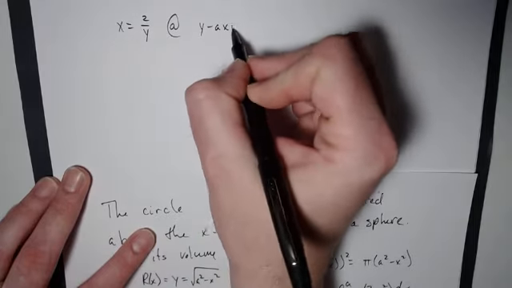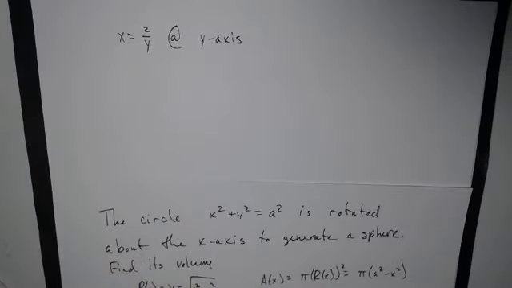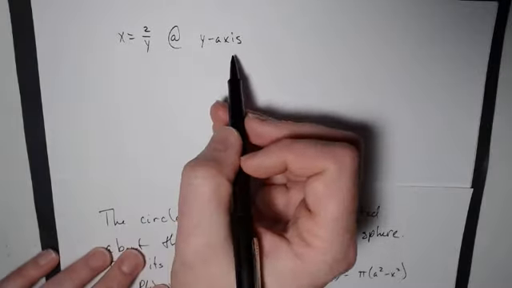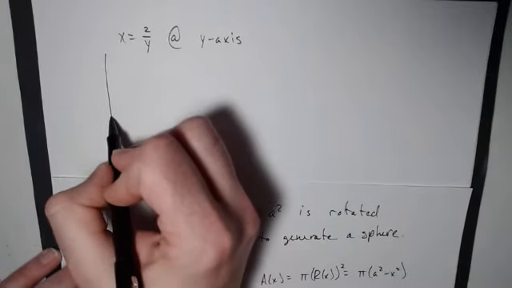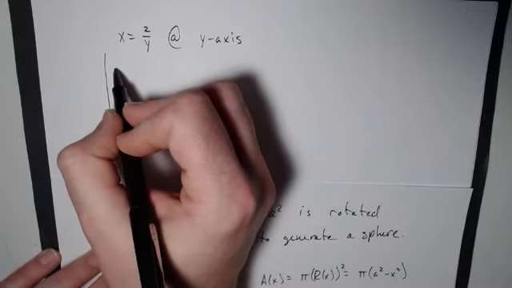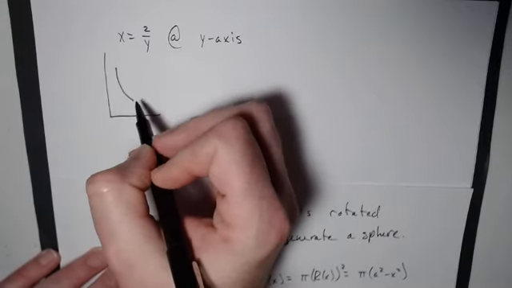Now, that is not the around symbol, but I think it's a missed opportunity, so I use the at symbol for about or around an axis. This is not standard notation, but I think it's pretty intuitive what I mean. So I'm going to rotate this curve around the y-axis, and so that curve is going to look something like this.